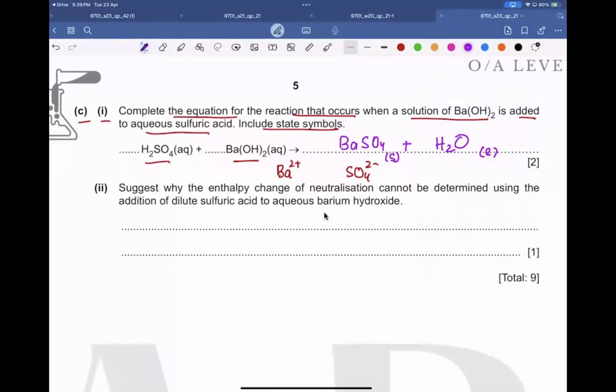Okay. Now suggest why the enthalpy change of neutralization cannot be determined using the addition of sulfuric acid to aqueous barium hydroxide.